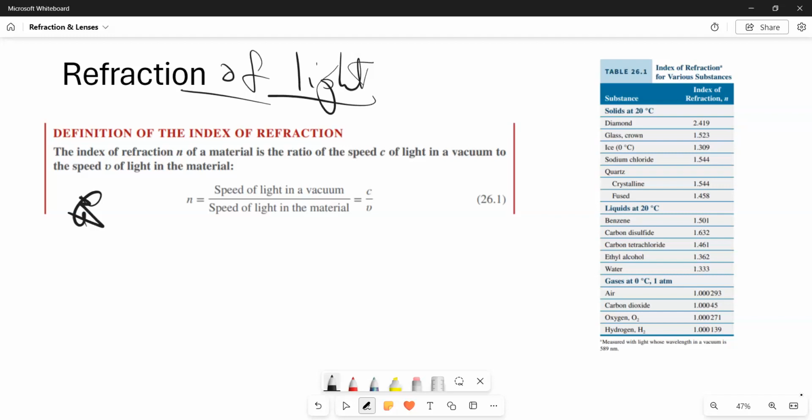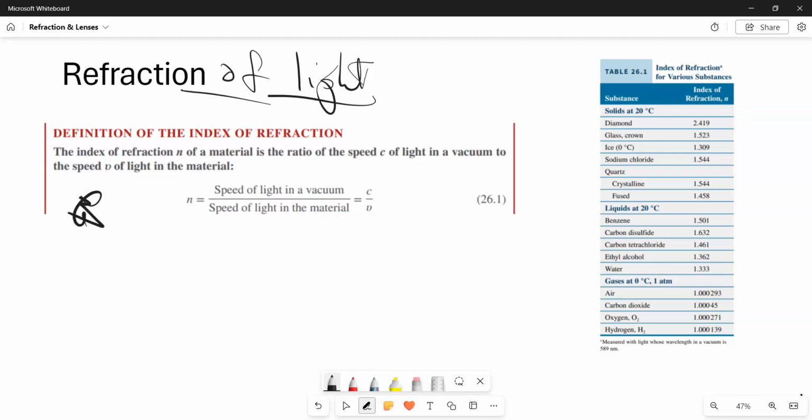Well, what scientists have found is that when light passes from one medium to another, what can happen is the light can slow down. The speed of the light can actually slow down.